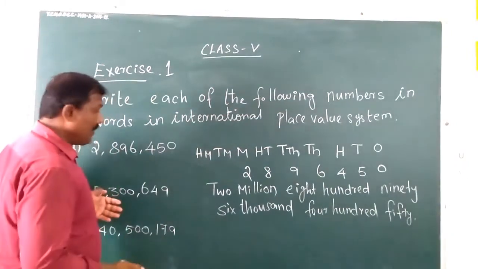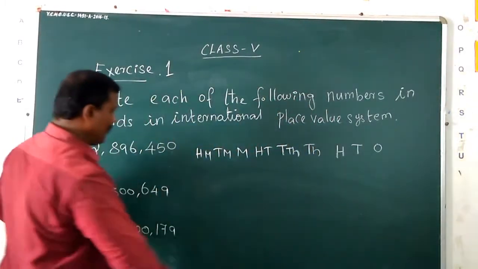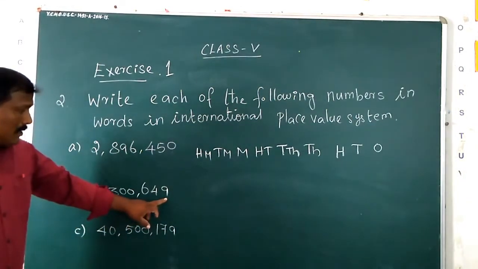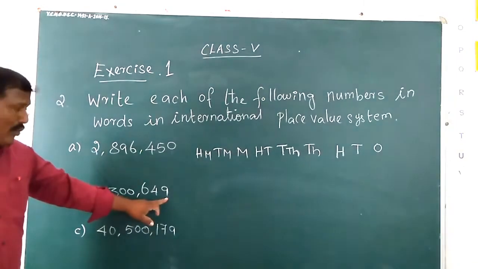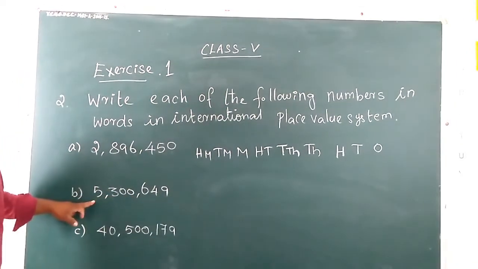Okay, now let me take another number. First I will say how to read: ones, tens, hundreds, thousands, ten thousands, hundred thousands, million.